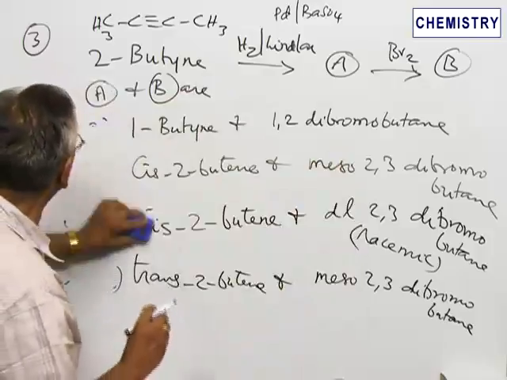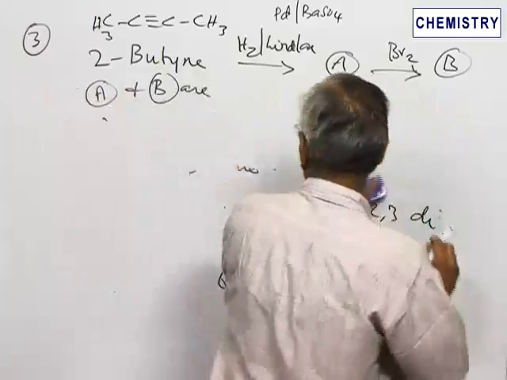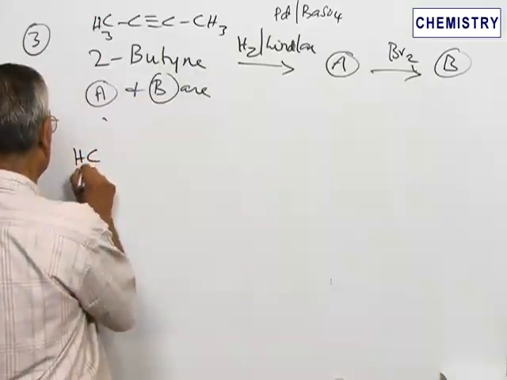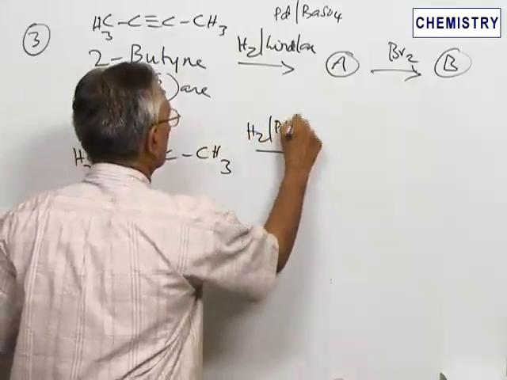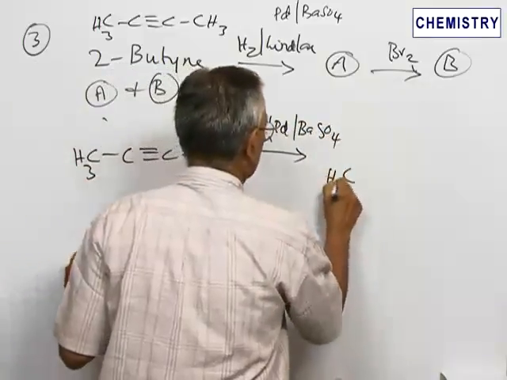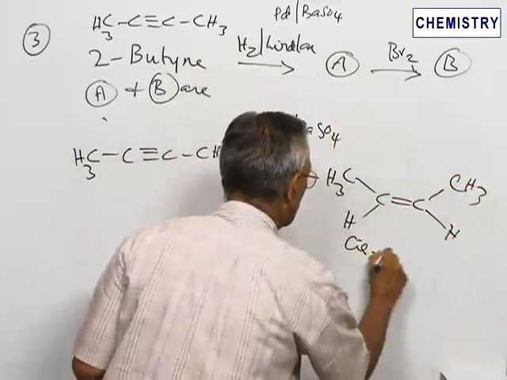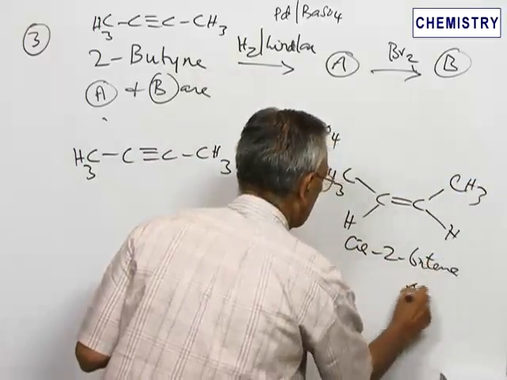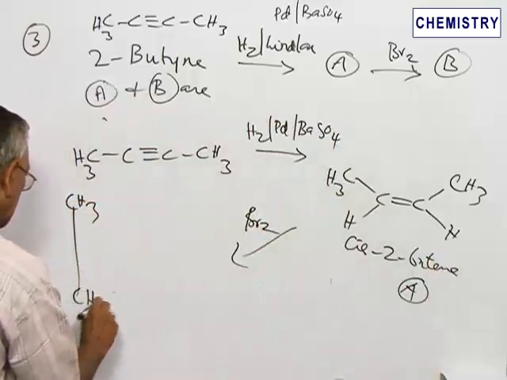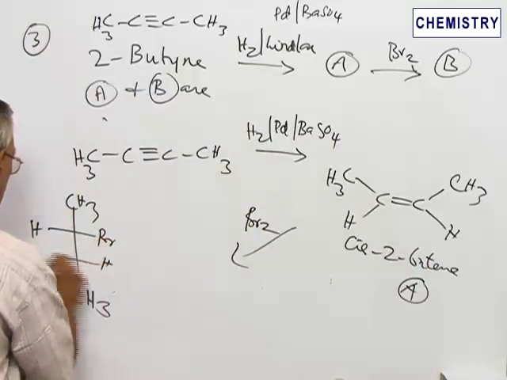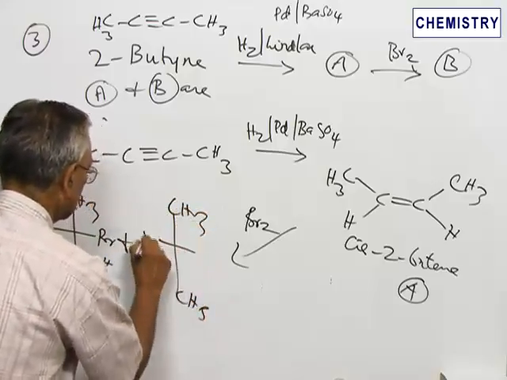This I will rub off and I will give it in the form of an equation, namely on reduction will give rise to this, which is A, cis-2-butene, which on further treatment with bromine will give a mixture of enantiomers.